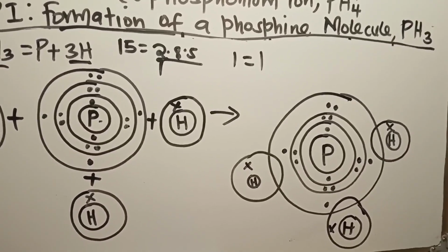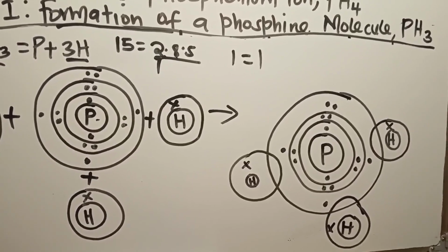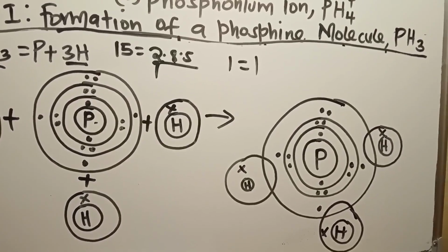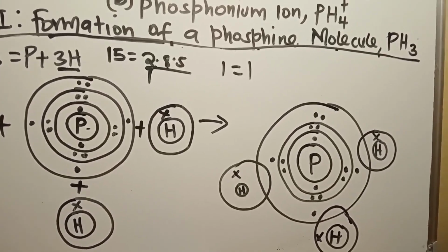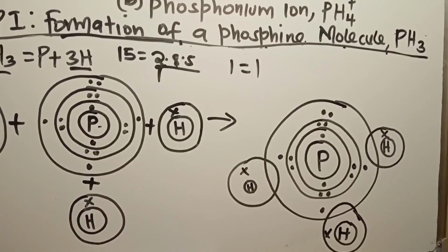Both of them need to gain, none of them is willing to lose. You see, if it was in ionic bonding, we involve a nonmetal and a metal. The metal is losing and the nonmetal is gaining.